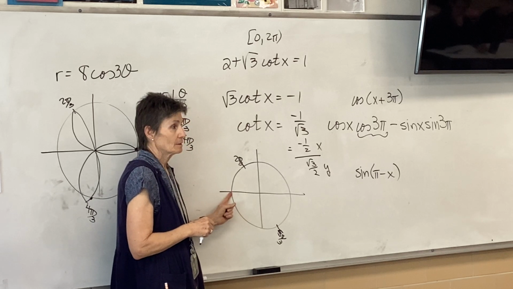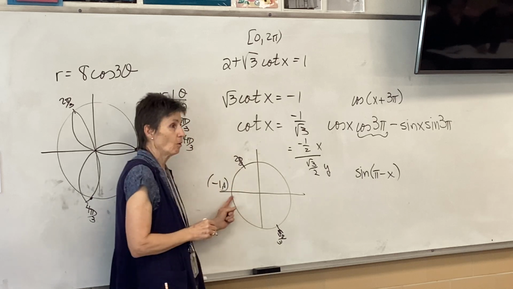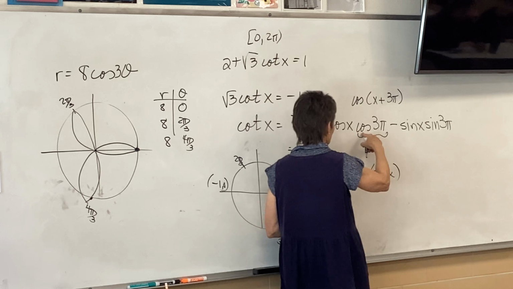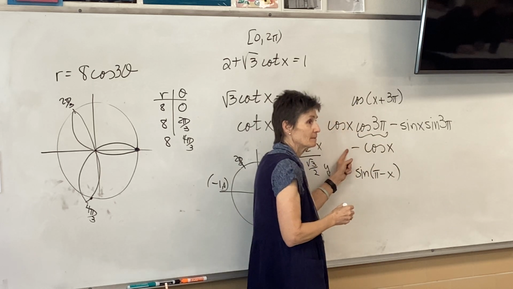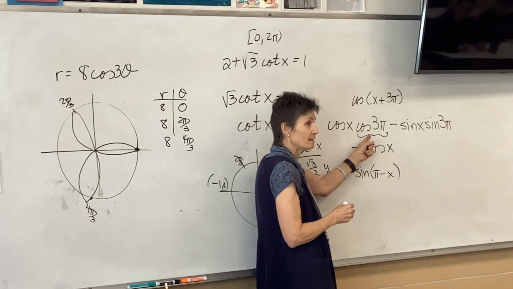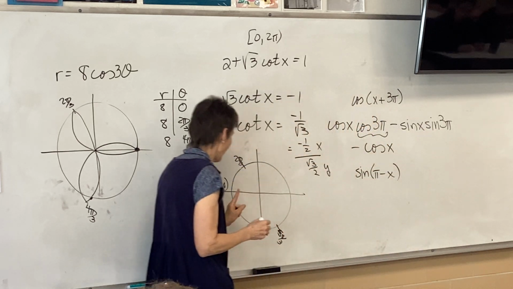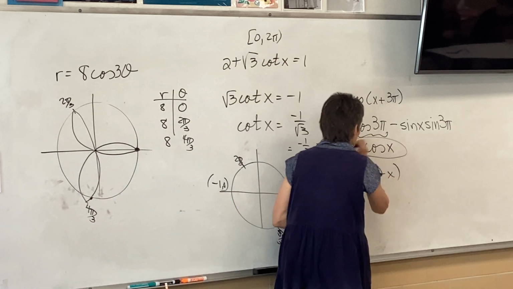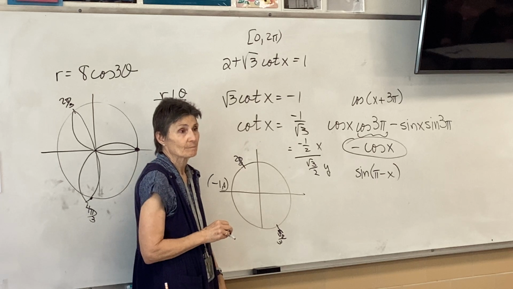Right here? What's the cosine over here at 3 pi? -1. So this is going to become negative cosine. Would everybody agree with that? There's cosine times -1. All right, what's sine 3 pi? So that's gone, so this is the answer, negative cosine. Okay?